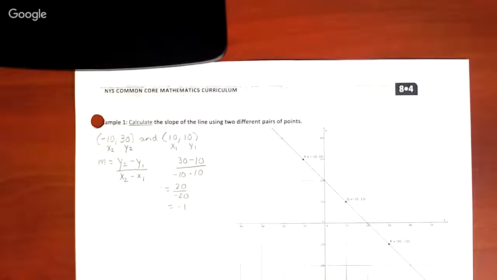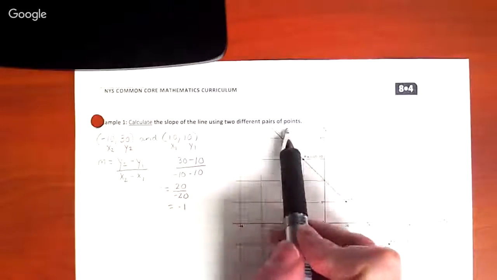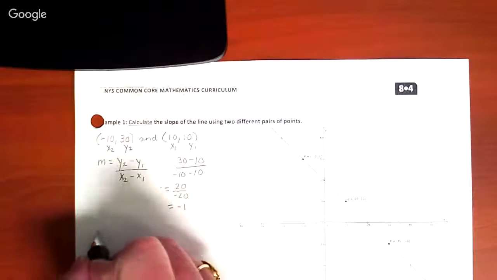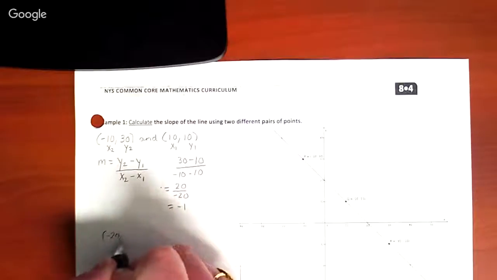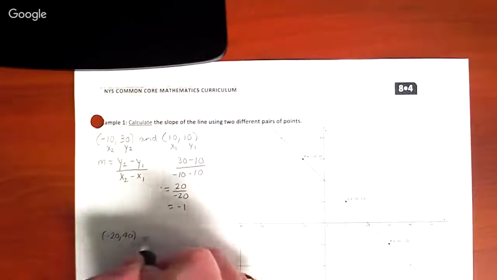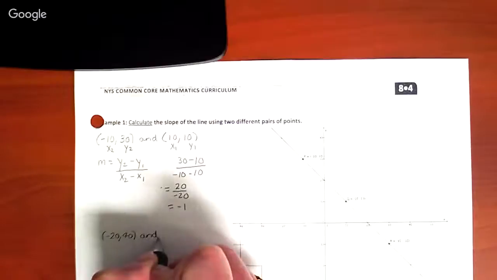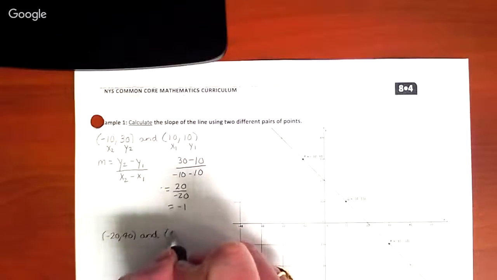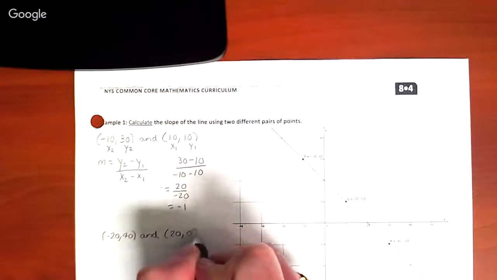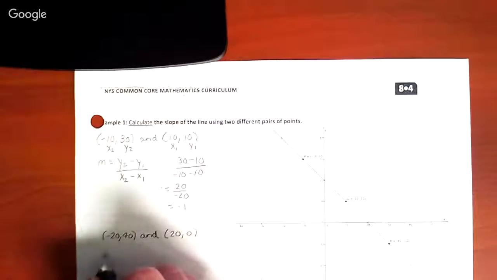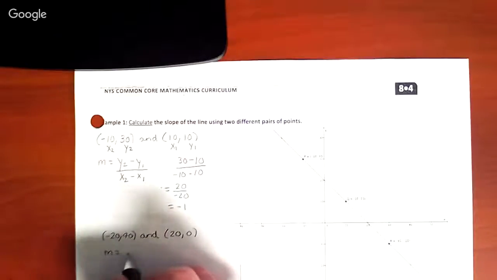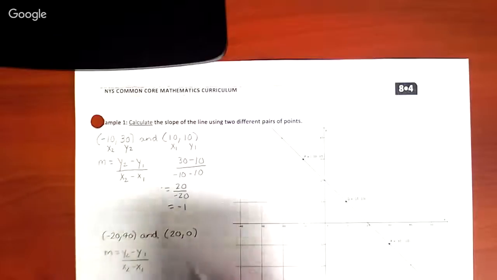Now I can pick another set of points with 2 different pairs of points. So the next set of points I'm going to pick is (-20, 40) and (20, 0). I'm going to write my formula. You always write your formula. y2 minus y1 over x2 minus x1.